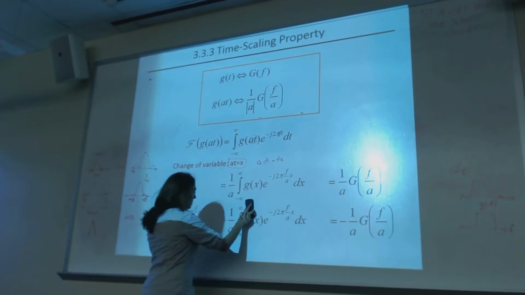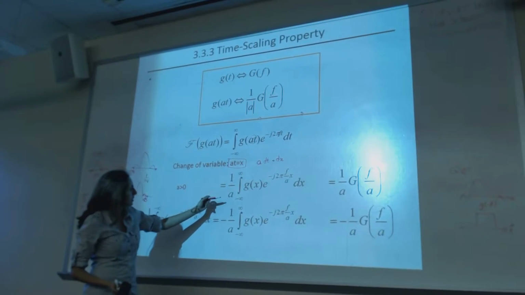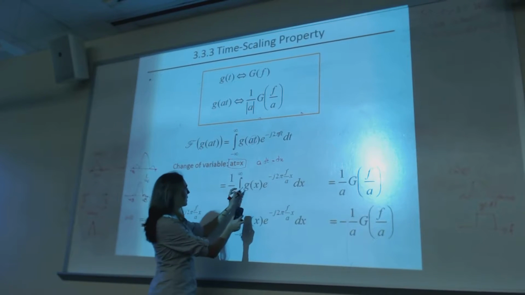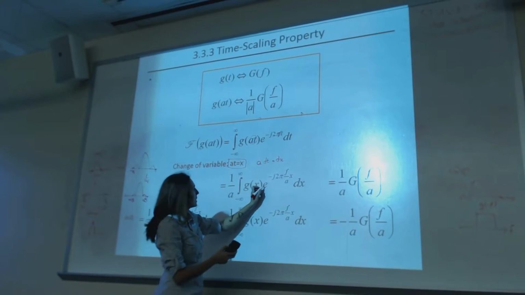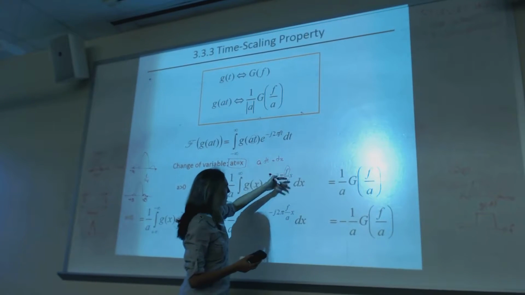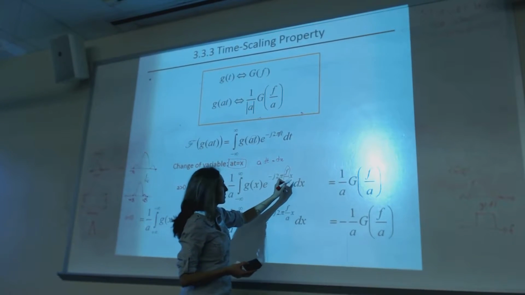Now, as you see, it's very similar. Like 1 over a, and then look here: integral of g of x e to the power minus j 2 pi some f times x.